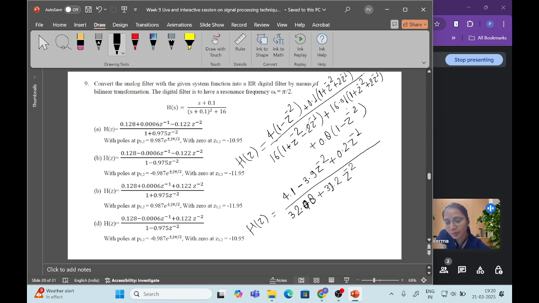Now normalize the numerator and denominator, because in the denominator we have to take it in the 1 plus form, so divide the numerator and denominator by 32.08 to normalize the transfer function.